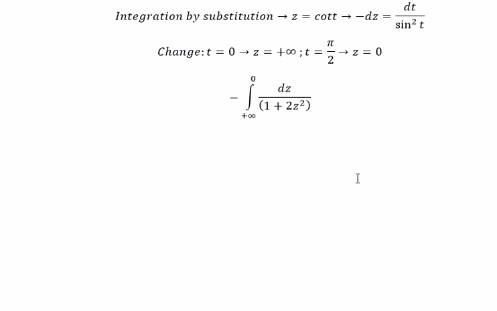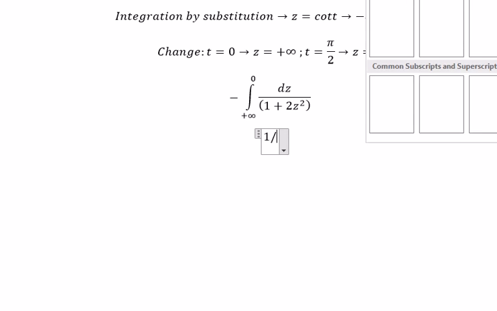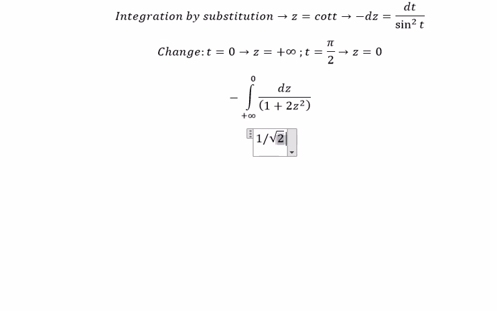So we got 1 over the square root of number 2 multiplied with arctan of square root of number 2 with z. So we put the bounds in here.